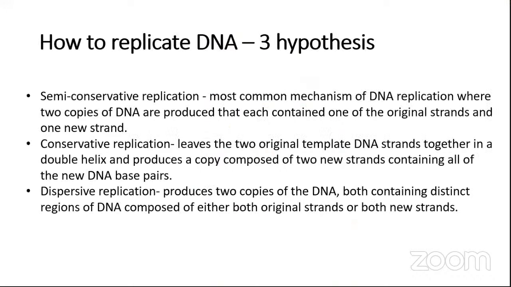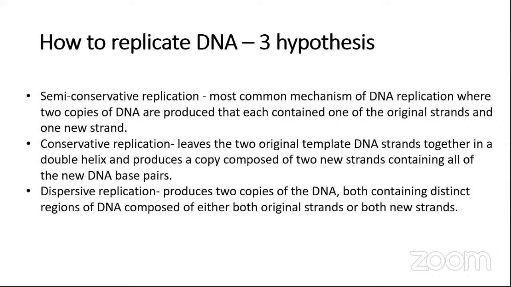So there were three hypotheses. The first was semi-conservative replication. This is not the exact order, but to say the first is semi-conservative replication. The next is conservative, and the next is dispersive replication.